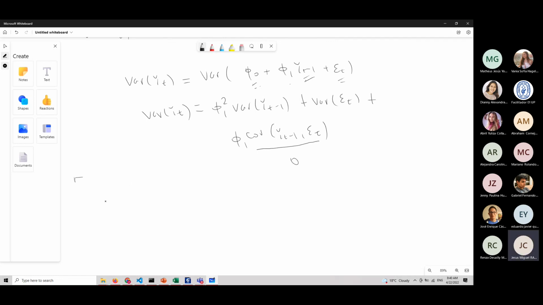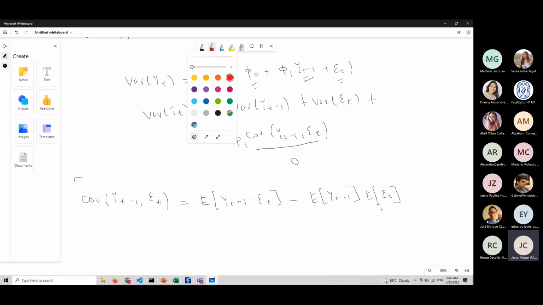That is because of this: the covariance between yt minus 1 and epsilon t is the expected value of yt minus 1 times epsilon t minus expected value of yt minus 1 times expected value of epsilon t. Since epsilon is white noise, the second term must be 0.